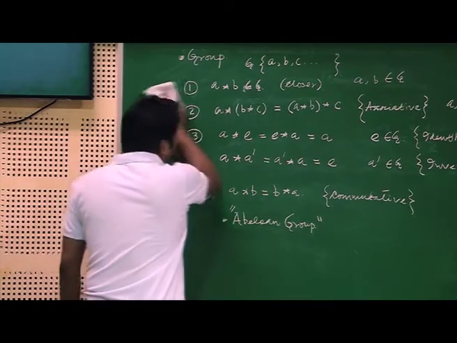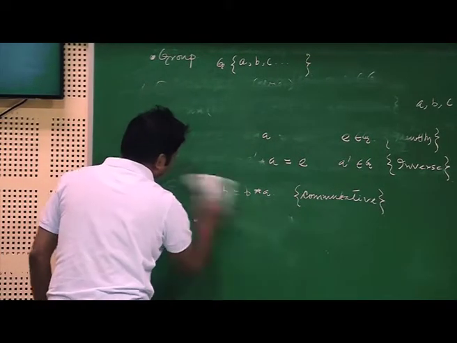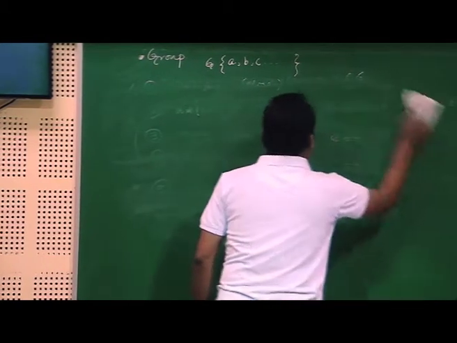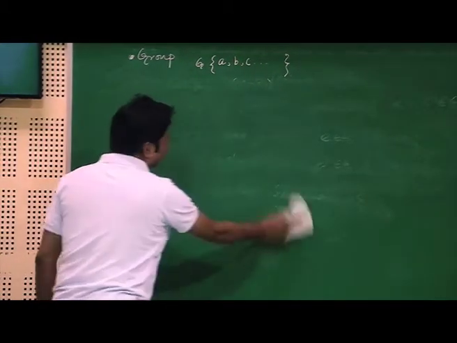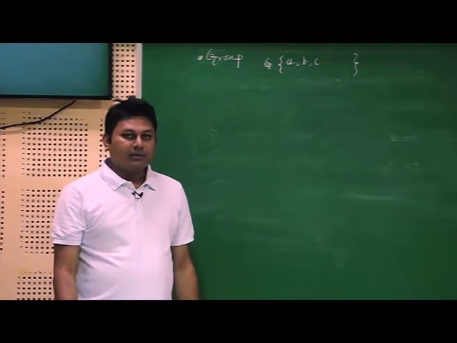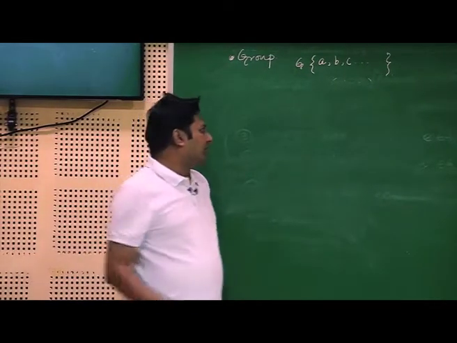So, we can have a very simple example of formation of a group. There are many examples, so let us start with a very simple one. In order to give the example, I need to first define a set, and then define a suitable binary operation over that.